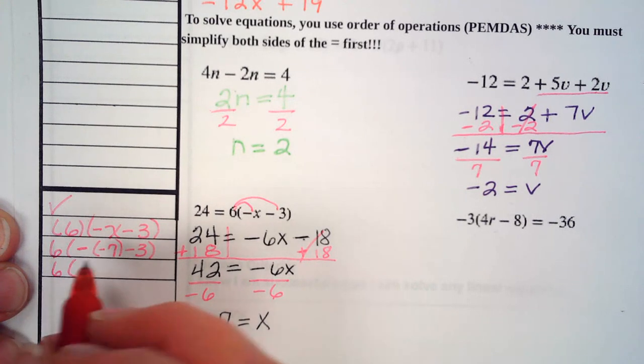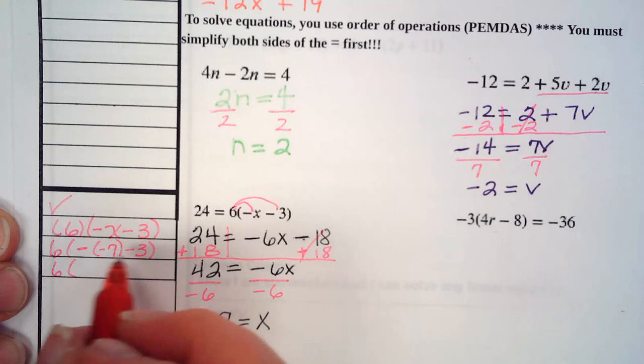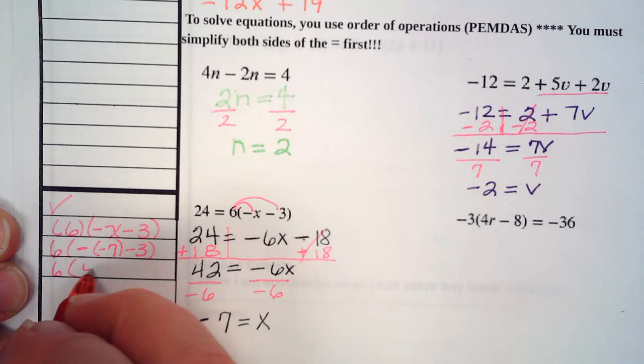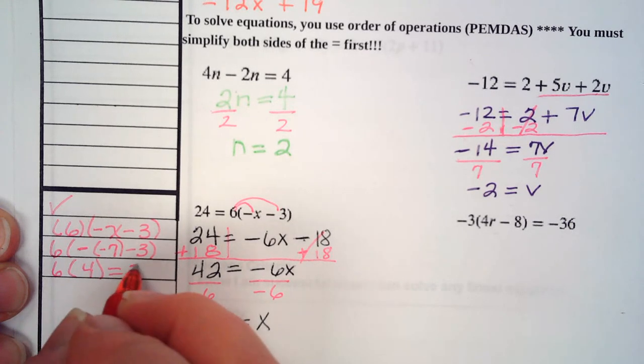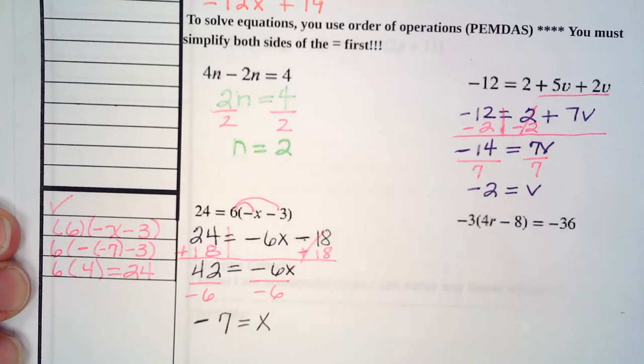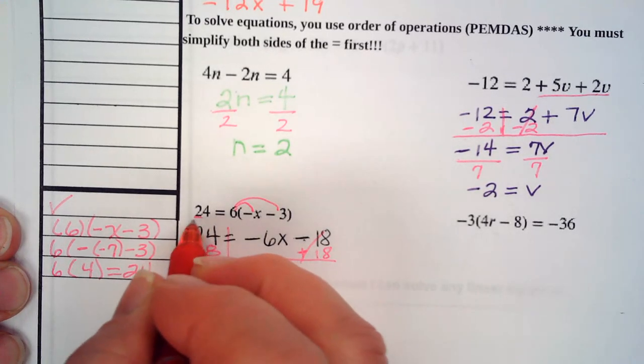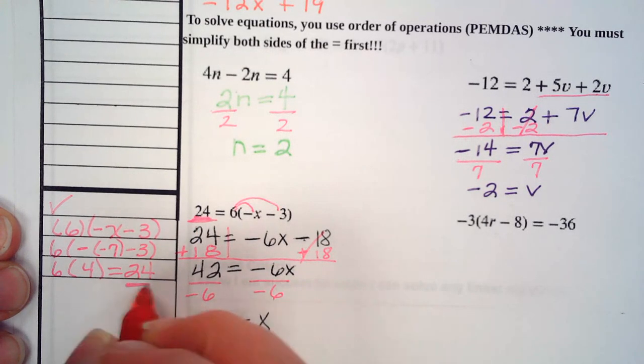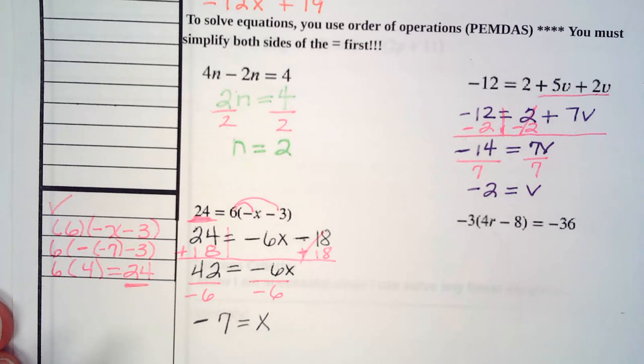Six times the opposite of negative 7 is a positive 7. 7 minus 3 is 4. And I get 24. So I know that it is correct. So when you're doing these, you need to make sure you check your answers and have the correct answer.